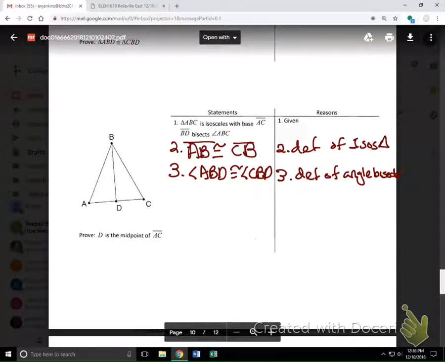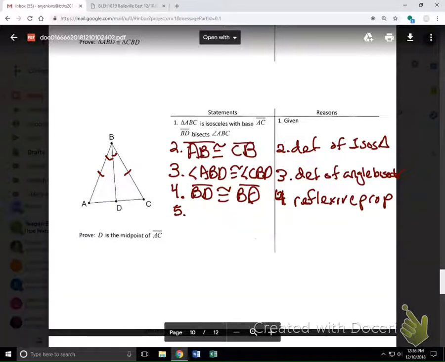So right now we know that this side is congruent to this, and this angle here is congruent to this. So we want to show that these two triangles are congruent. And to do that, we need to either show that another angle is congruent or another side is congruent. And right now what we have is the extra side. So we can show that BD is congruent to BD by, oops, that's supposed to be a 4, the reflexive property.